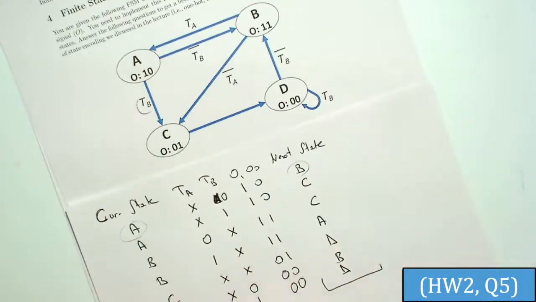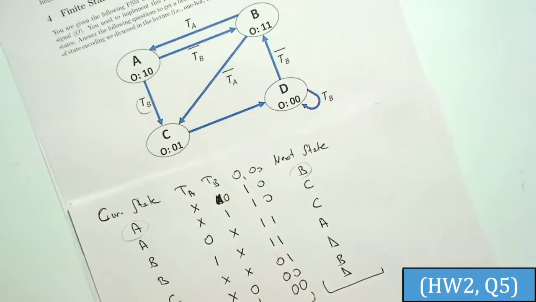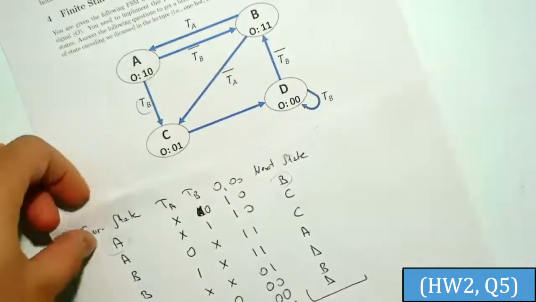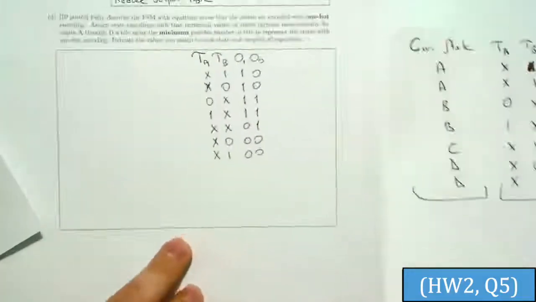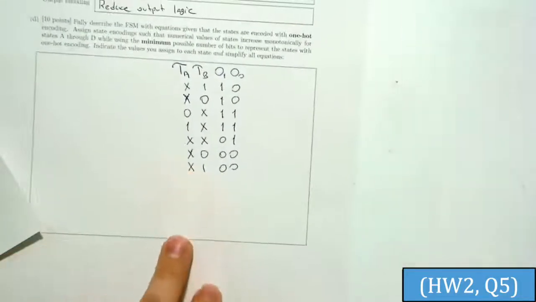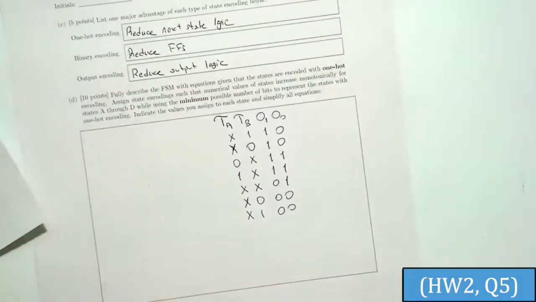Those will not change, right? So these are independent from the encoding that I'm using. I'm going to use this as a reference for the following questions. I already wrote this, if you wonder, to save some time.